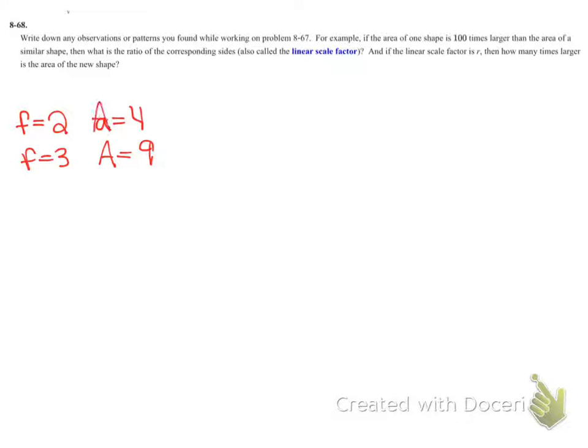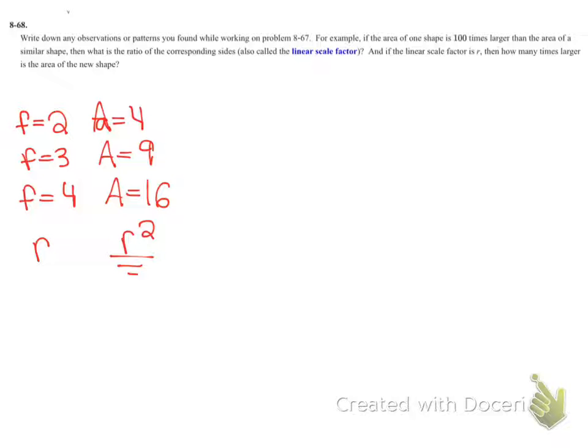Should have used a capital A here. And when the factor was 4, the area grew by 16. So if our factor was R, what would our areas grow by? They would grow by R squared. So if we know the factor, the comparison of the sides, we can square that to get the comparison of the areas.